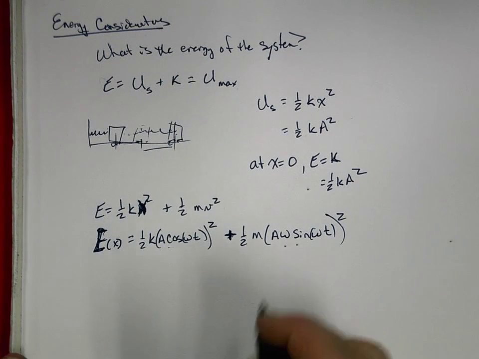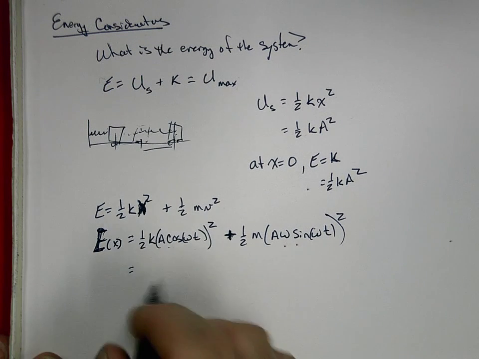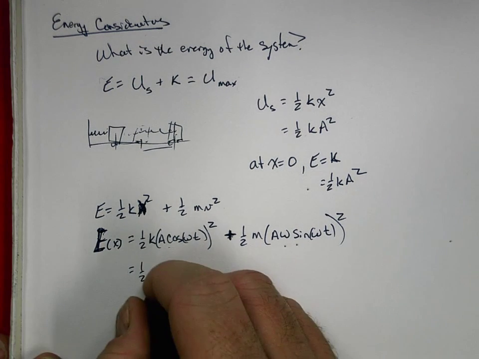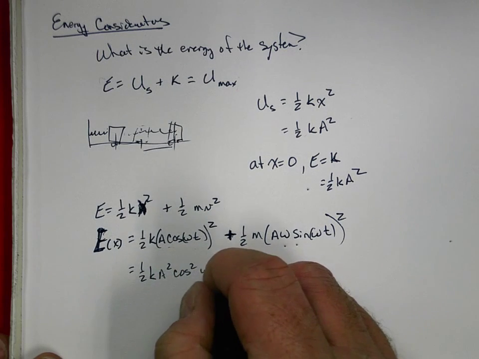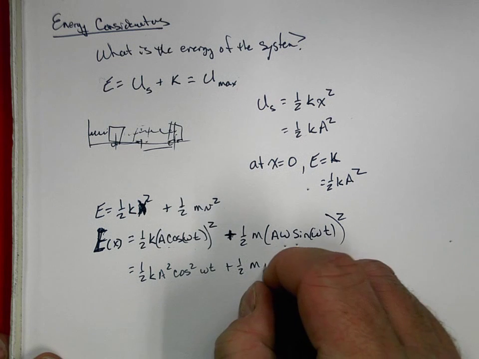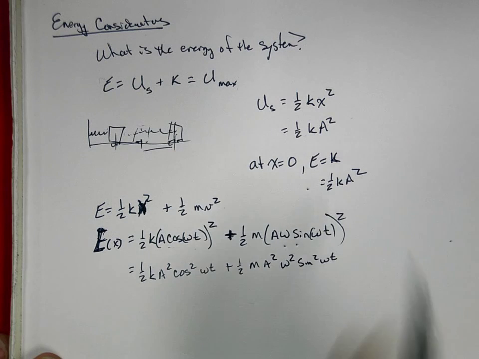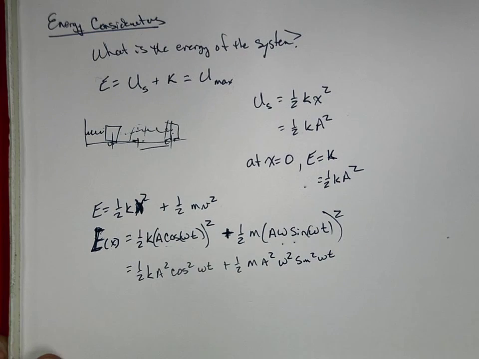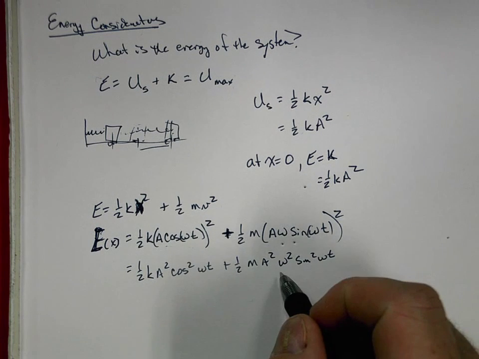So we're going to get, you guys might see what's going to happen right here. You guys might see what's going on. All right. Okay, but what was omega squared?